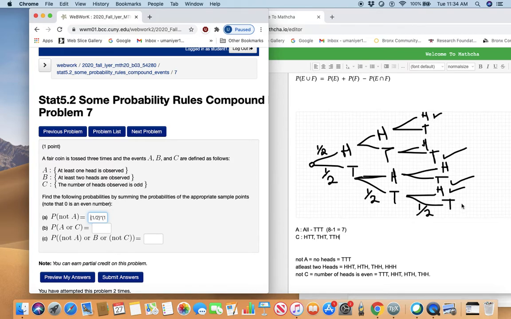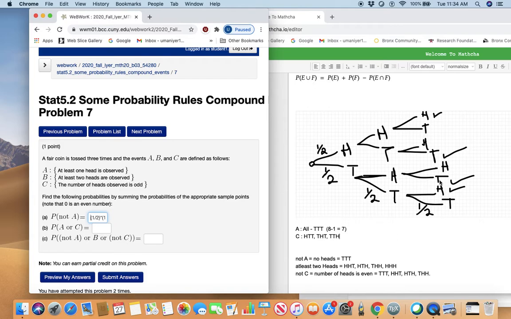How many branches are here? Notice 1, 2, 3, 4, 5, 6, 7, 8. There are 8 sequences. Of those 8 final sequences, you have to take away tail, tail, tail. So there are 7 sequences in A.